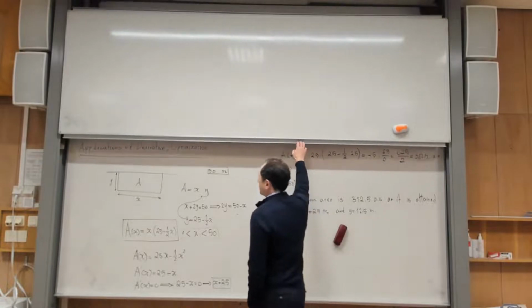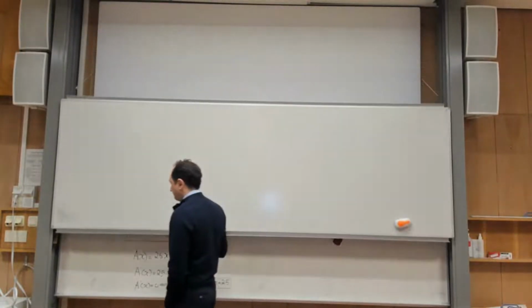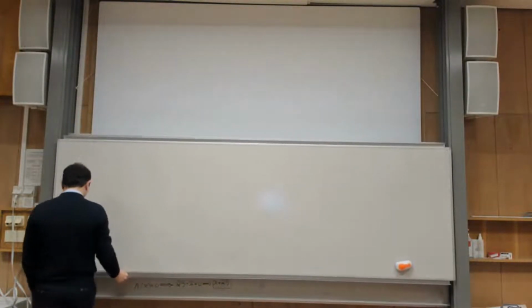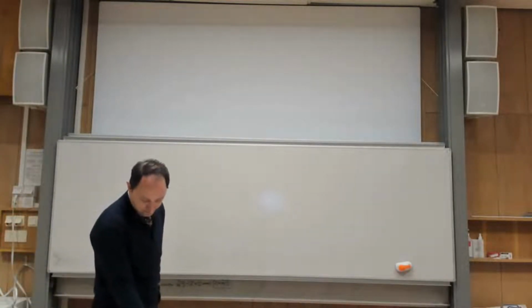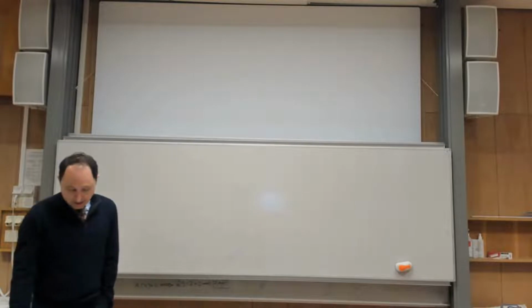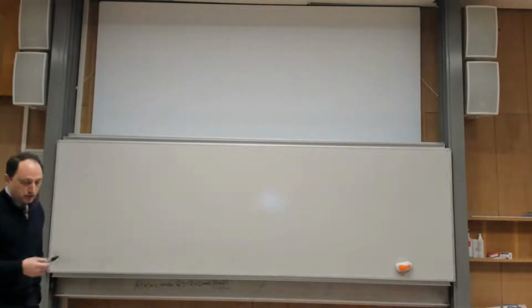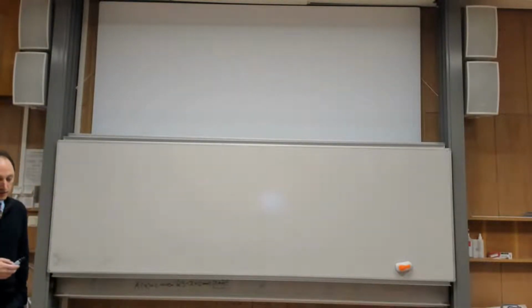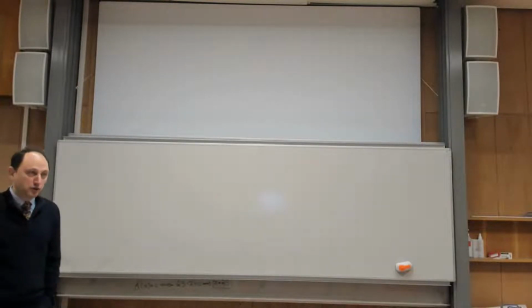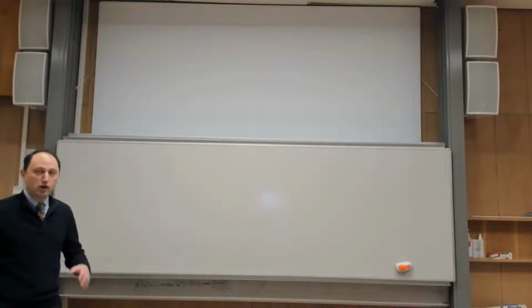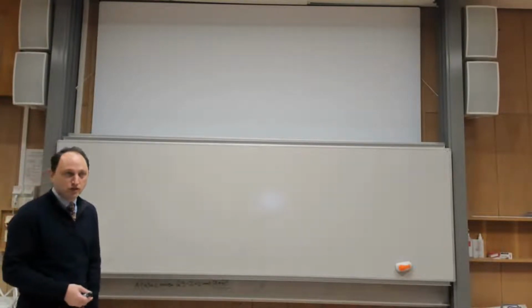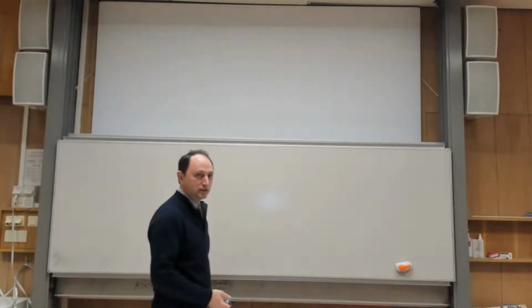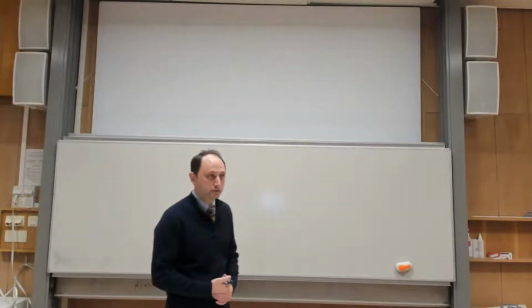So let me start. So the question, if I understand it correctly, is that you want to make a cylinder with the maximum volume. For example, you have cardboards, you want to cut them in a way and make them cylinder so that the volume of the cylinder is the maximum possible value.